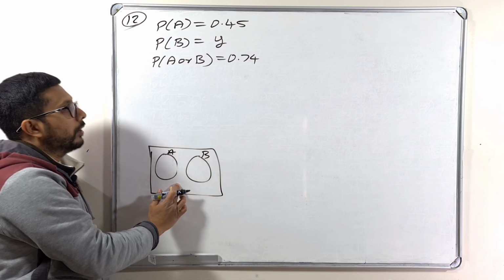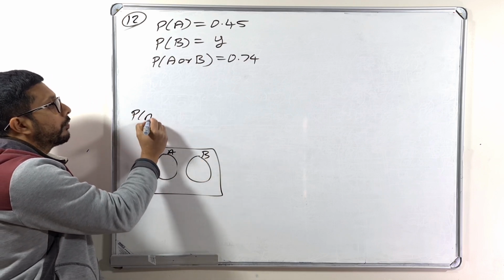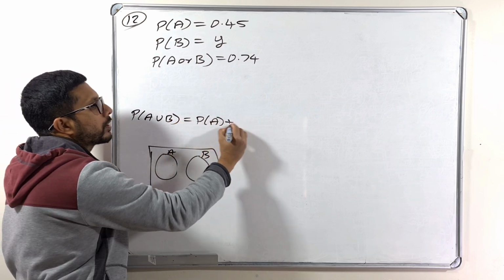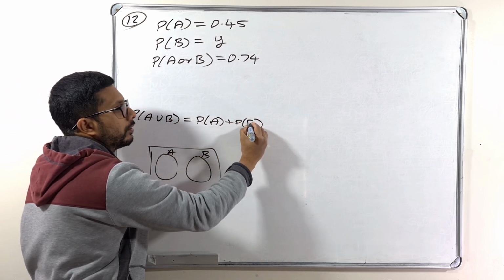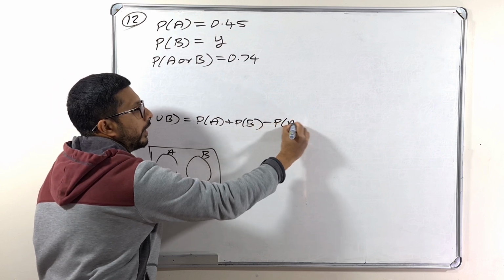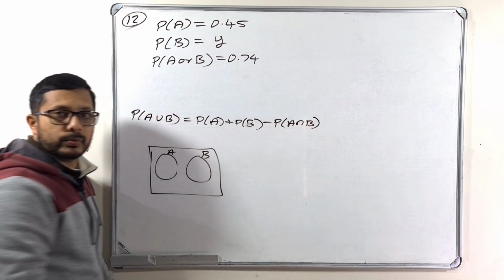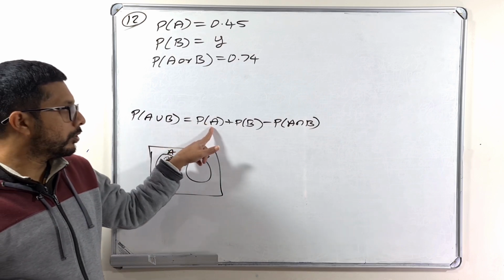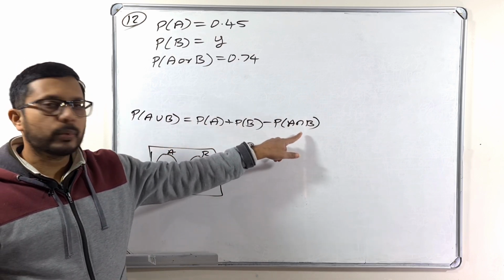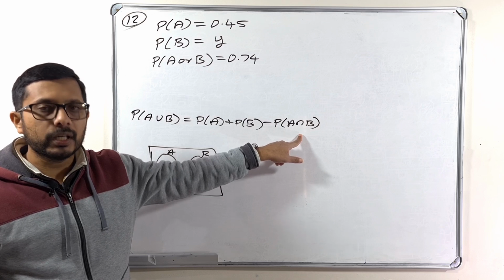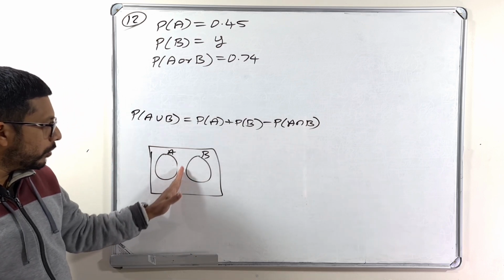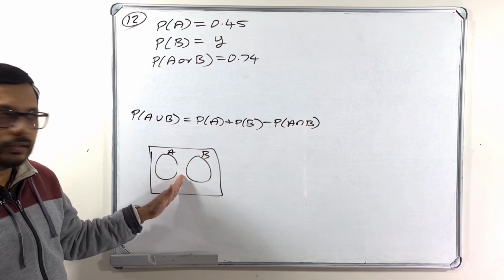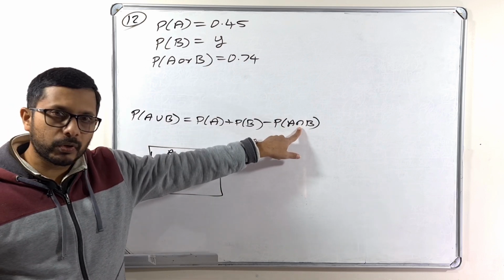So you know a formula: probability of A union B is equal to probability of A plus probability of B minus probability of A intersection B. This is a famous formula that you have to know by heart. Intersection stands for common.